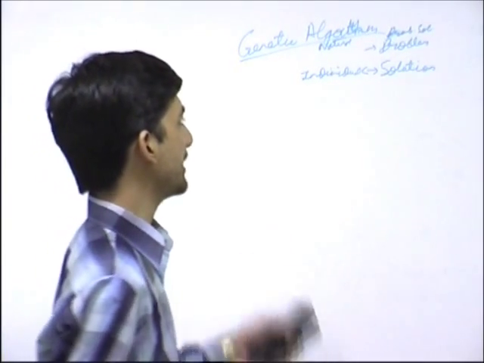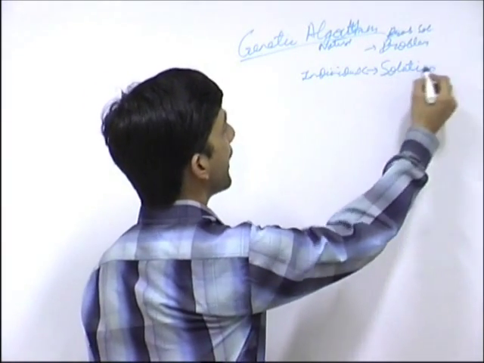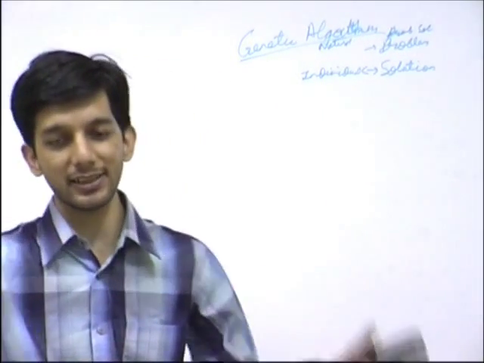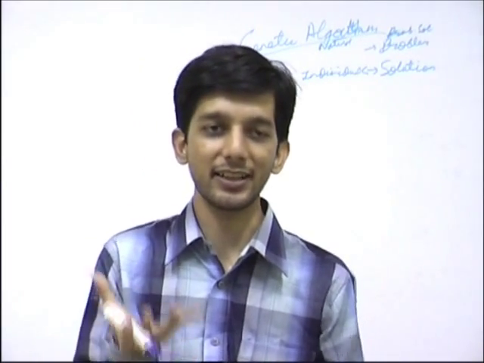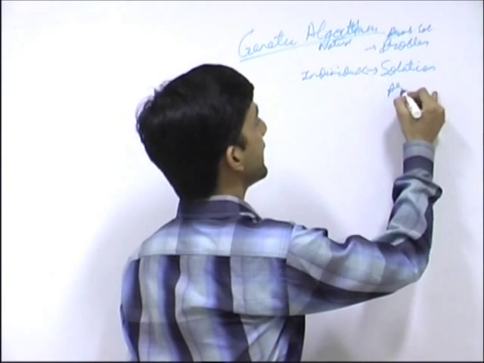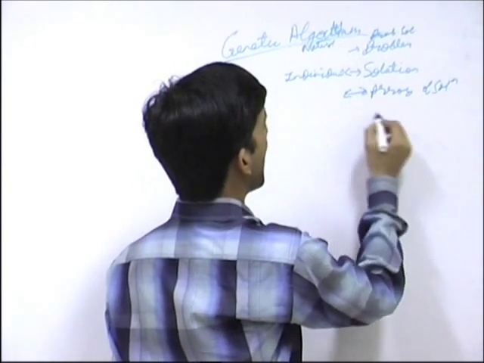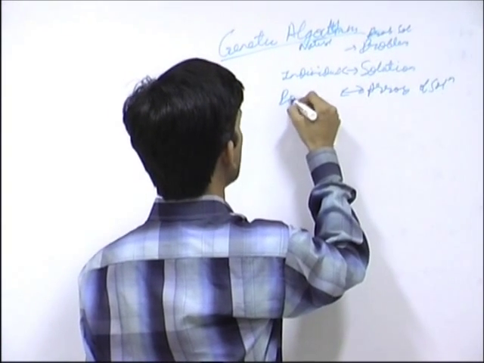So my individual would be a solution. I have not one solution, but an entire class of solutions. I have an entire array of solutions available with me, what I would call the population.